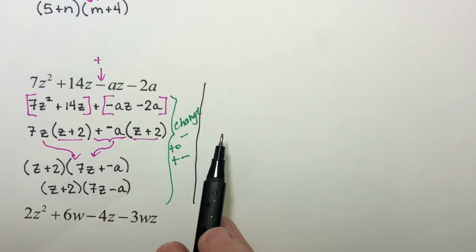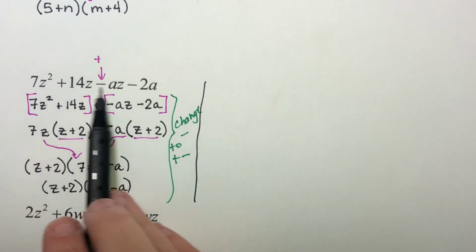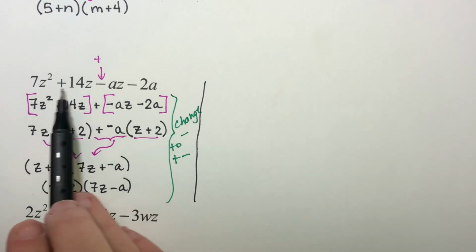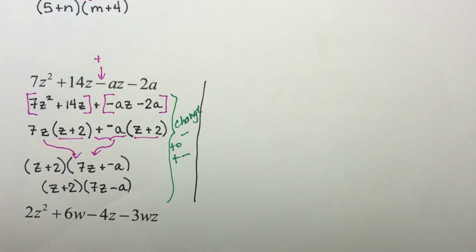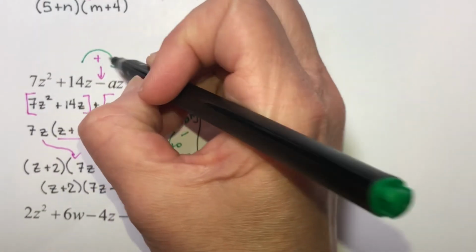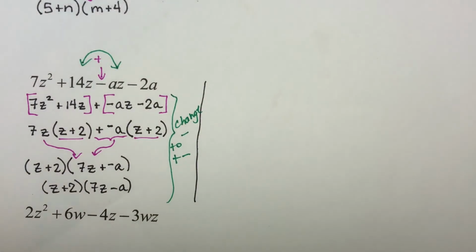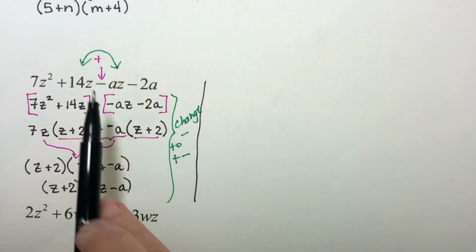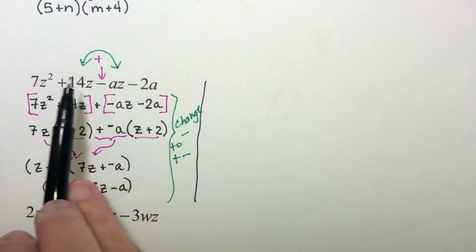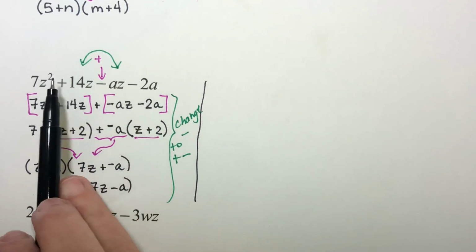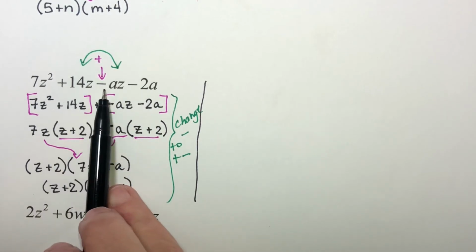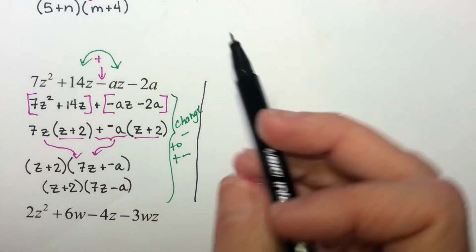Since we can rearrange these additions and subtractions in any order we want to, I want to change up my groups. The easiest way to change up a group is to switch the order of the middle terms. That way, this one will be paired with this one. And since this is a positive 14, it's also going to give me a plus sign in the middle.